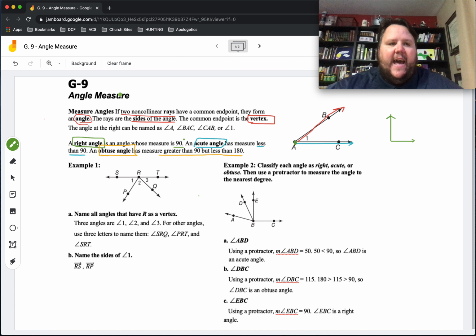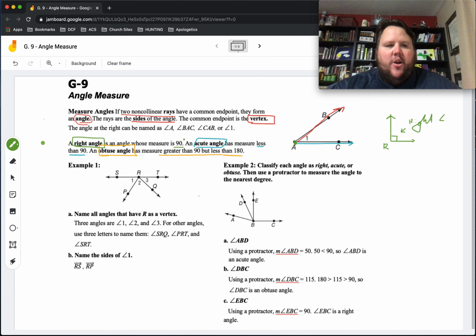So we'll call that angle R for right. A right angle is usually going to have a box here. That box denotes that it's a right angle. So that's a right angle. A right angle is 90 degrees.